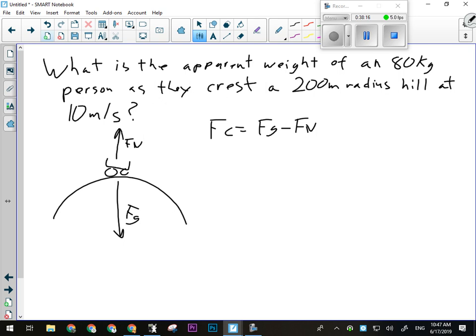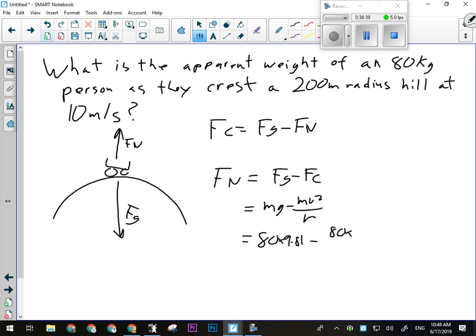What I would do is add Fn over to this side and then subtract Fc, just so I'm not solving for a negative. So that's going to be m times g minus mv squared over r.